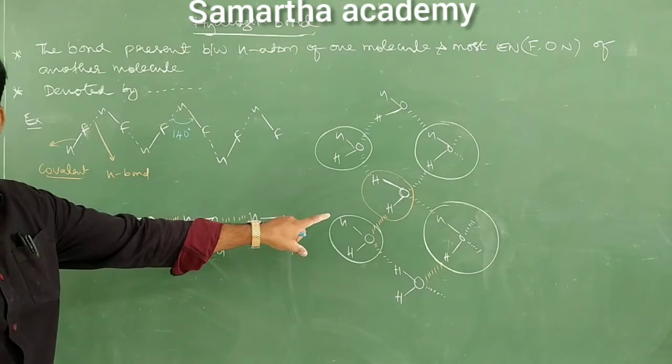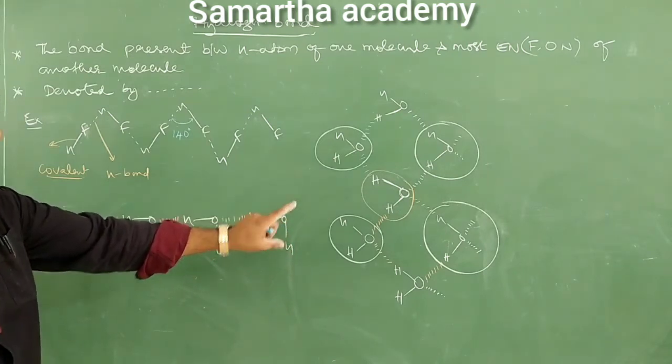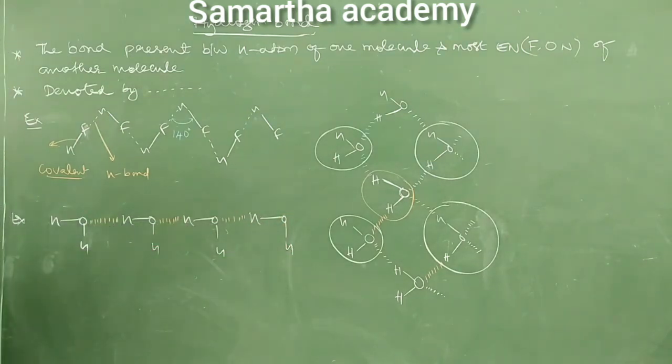Getting confusion here? No? Okay. In a water molecule, each H2O molecule is surrounded by 4 water molecules, tetrahedrally. They have a tetrahedral structure.